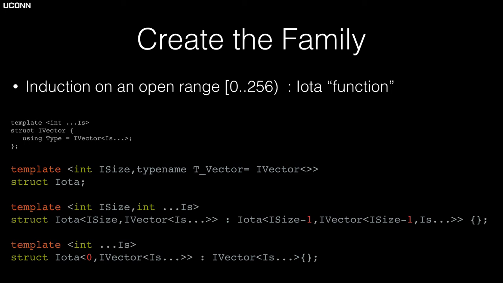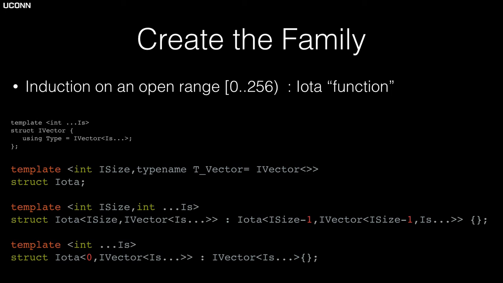And notice that they all inherit from each other. Iota 256 inherits from iota 255, which inherits from iota 254, right? It's the column of inheritance. This struct inherits from that struct. So they all inherit linearly, all the way back. Now, that's for the first argument. So far, so good?